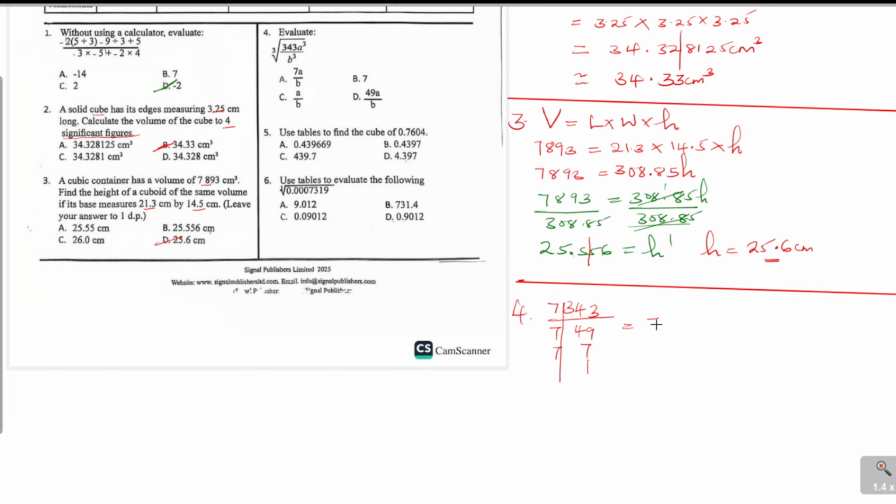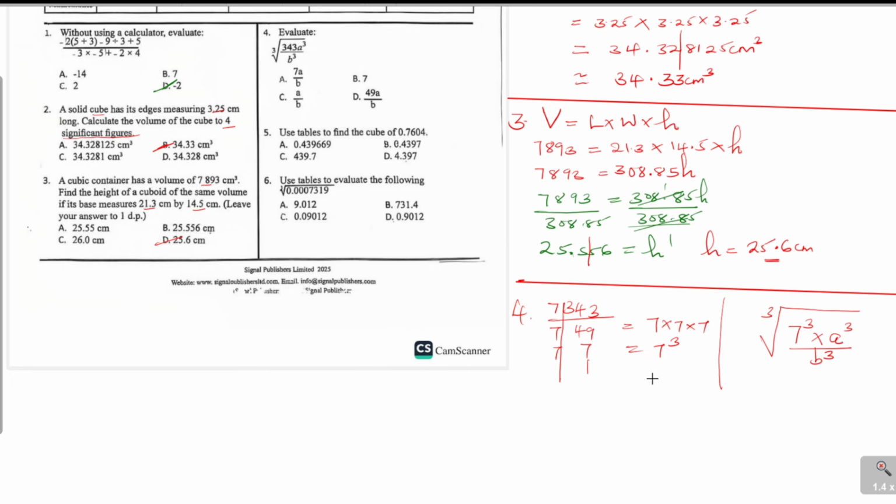So this will give 7 times 7 times 7, which is 7 cubed. After doing that, we have the cube root of 7 cubed times a cubed, divided by b cubed.